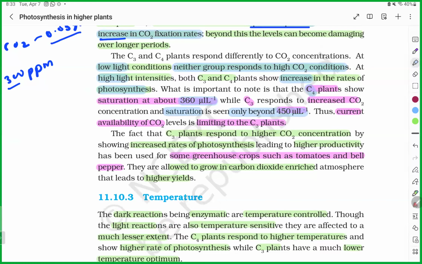Only then it will show maximum photosynthesis. उतनी डिमांड पूरी नहीं हो सकती, है ना. और C4 की डिमांड बहुत लो है. 360 में भी वो बहुत अच्छा काम करके दे रहा है, मैक्सिमम सैचुरेशन आ रहा है.